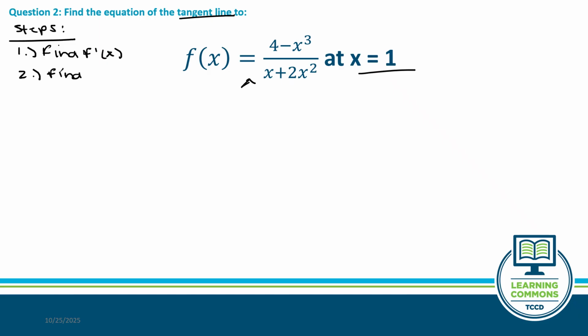And to do that, you plug x into the original function. So you'll just plug 1 into this original function. You won't do anything crazy. You have a coordinate point like this, so there's going to be a number there, and you need that for the rest of your problem.